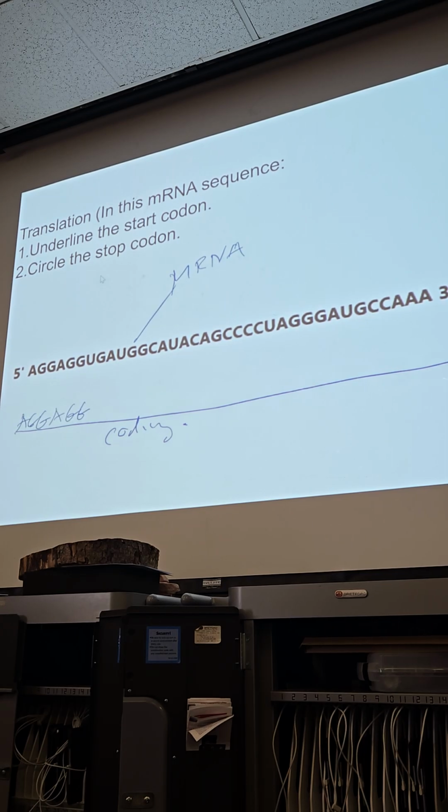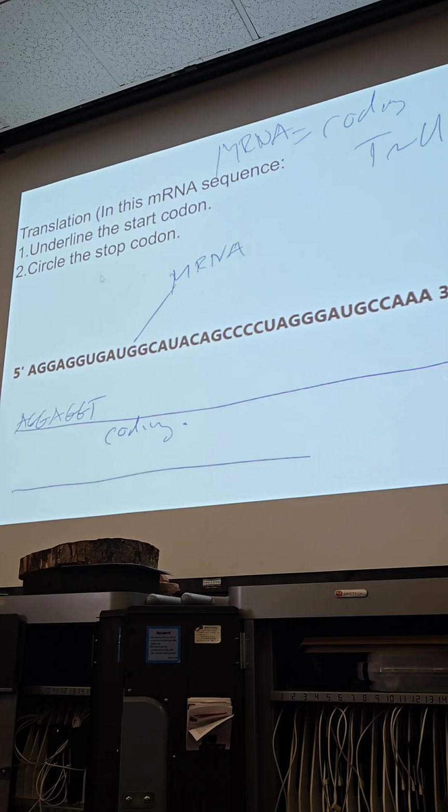And then it is T, because mRNA equals coding. T becomes U. So all I'm doing is reversing this, U to T. That's coding. This is my template, which would be complementary. T, C, C, T, C, C, A.